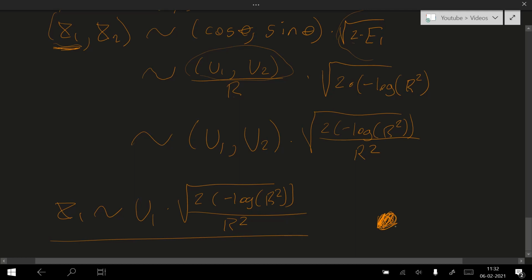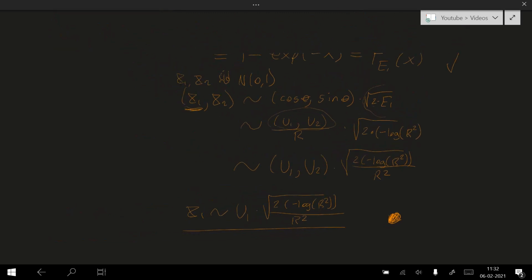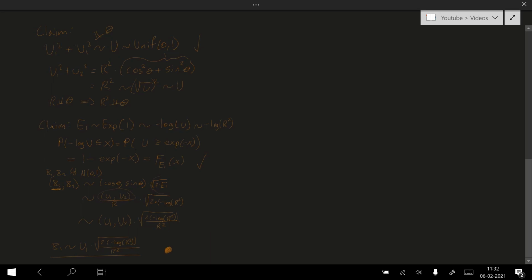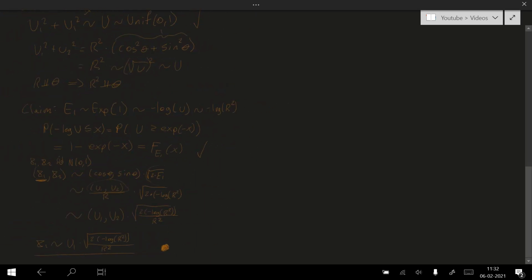Now I'm going to open up my PyCharm, and then I will show you that this actually works in practice, because it can be a bit hard to see why this works just using this theory. So I'll see you when I open my PyCharm.